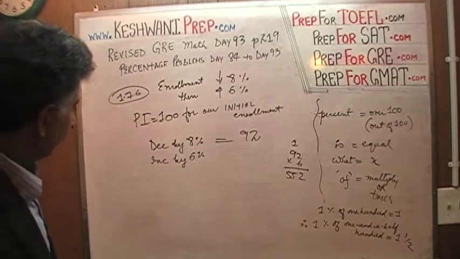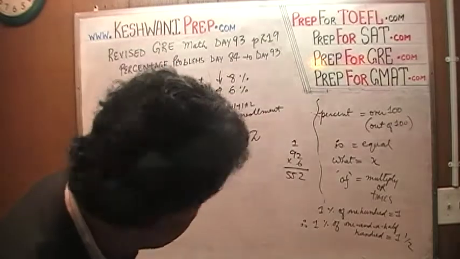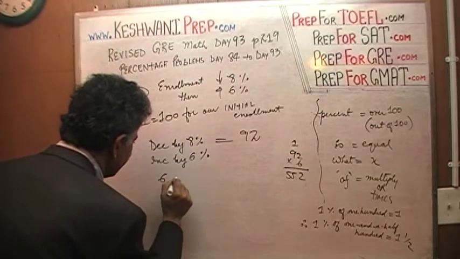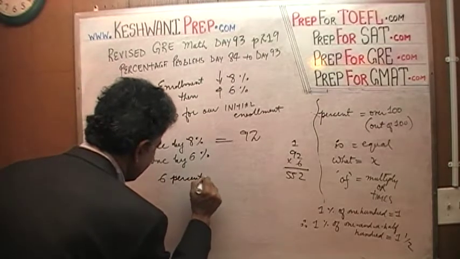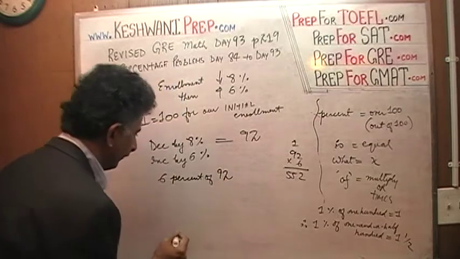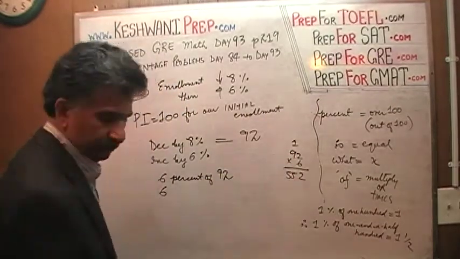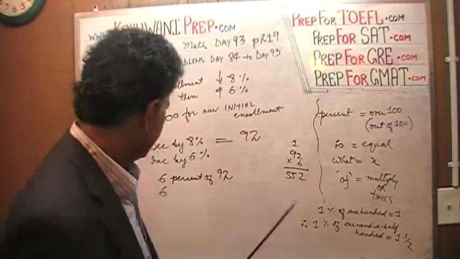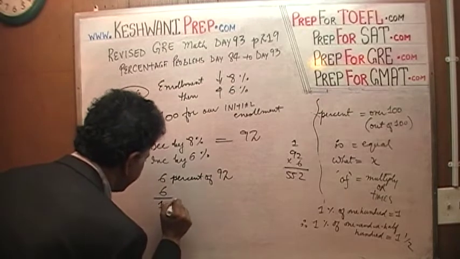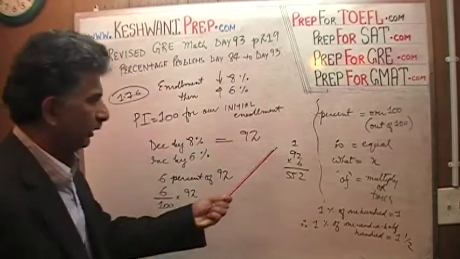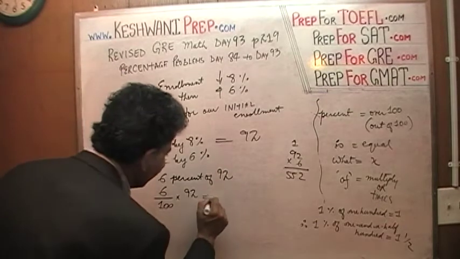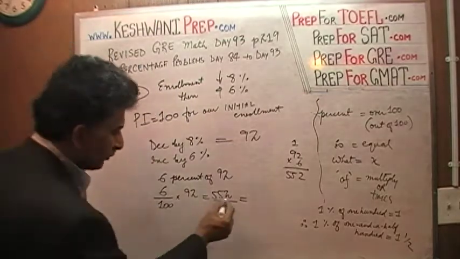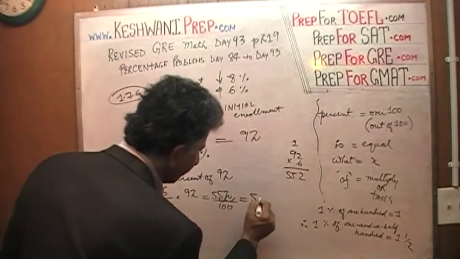So 6% of 92 is what we're trying to figure out. 6% means out of 100. We just figured out what 92 times 6 is, which is 552. So this is 552 over 100. You just move the decimal point by 2 places, so it's 5.52.